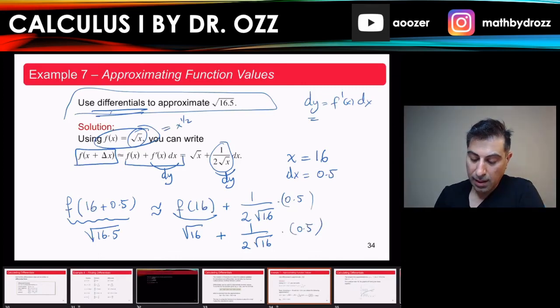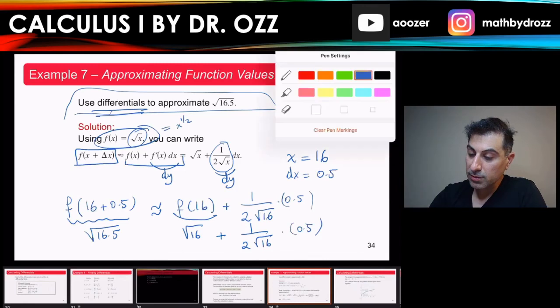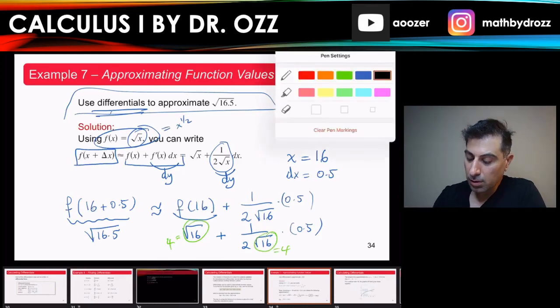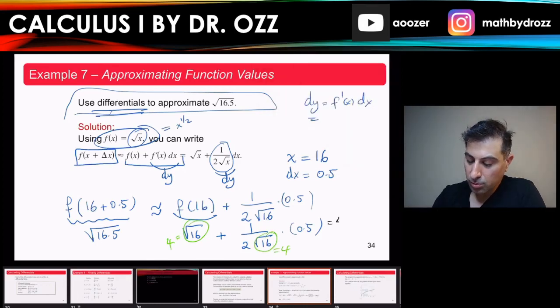And what is radical 16? That's 4, so this is 4, and this is also 4. So what do we get here? 4 plus 1/8 times 0.5, so it's 1/16.